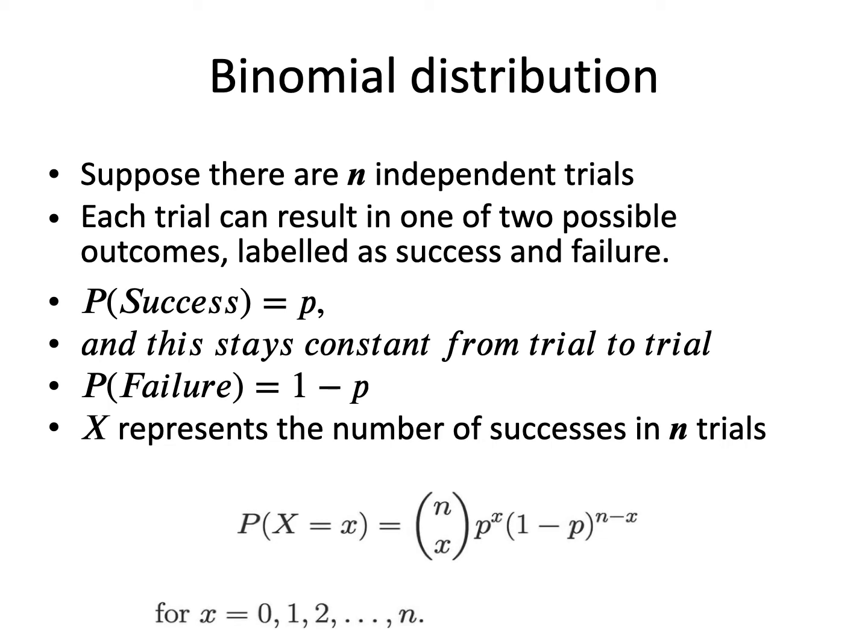Because failure is just the complement of success, the random variable X represents the count of successes in n trials. So we are going to let this capital X be the random variable representing the number of successes in n trials.